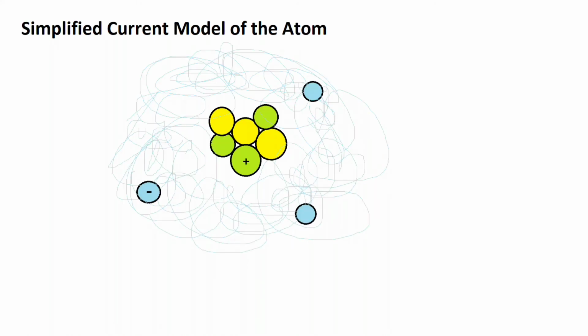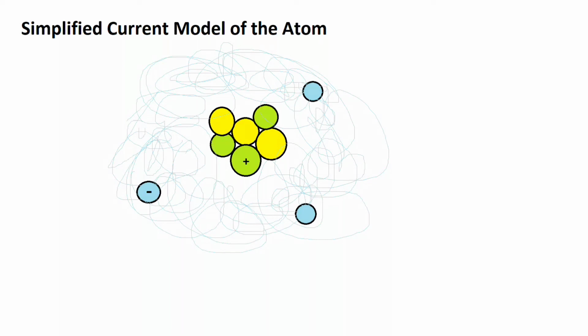Finally, the more modern theory and the current model of the atom is that there are positive protons in the center, with particles with no charge, neutrons, collecting together to form the nucleus, and then you have electrons orbiting around them in an electron cloud.